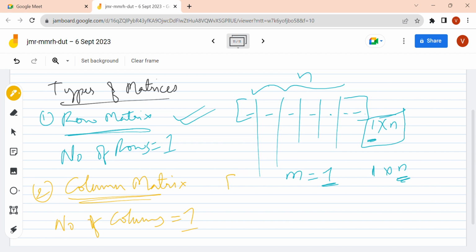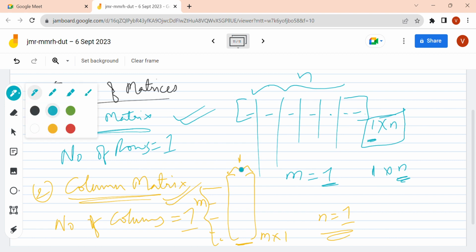You have m number of rows, but only one column. That means your order will be m into 1, where n is equal to 1. You call it a column matrix. Got it?